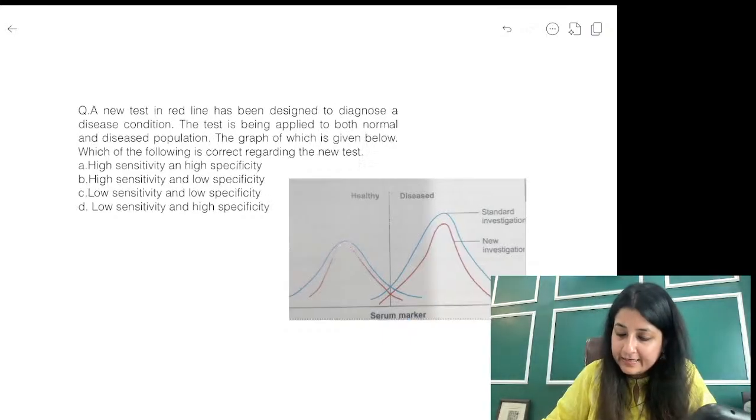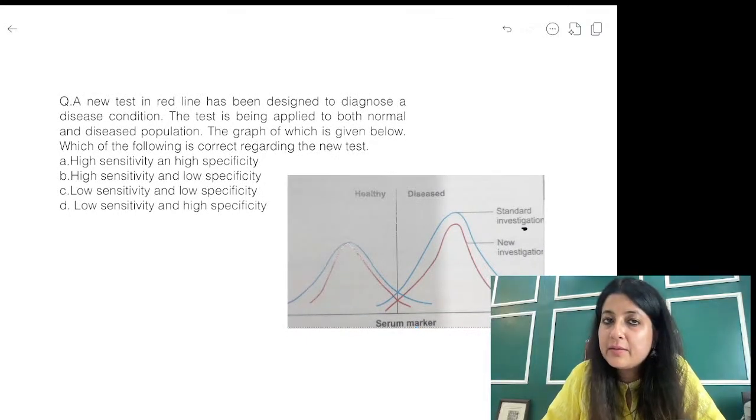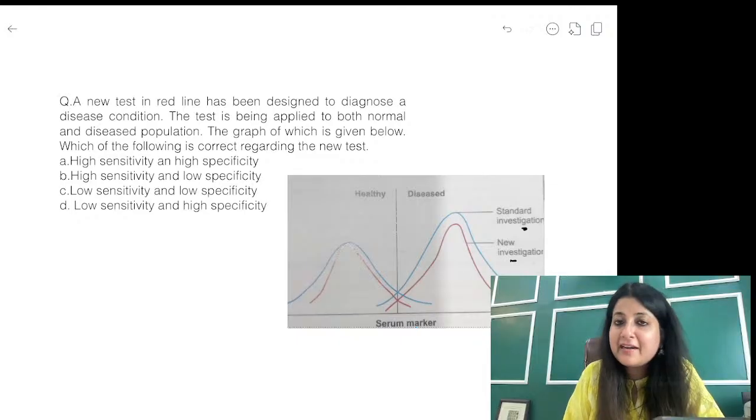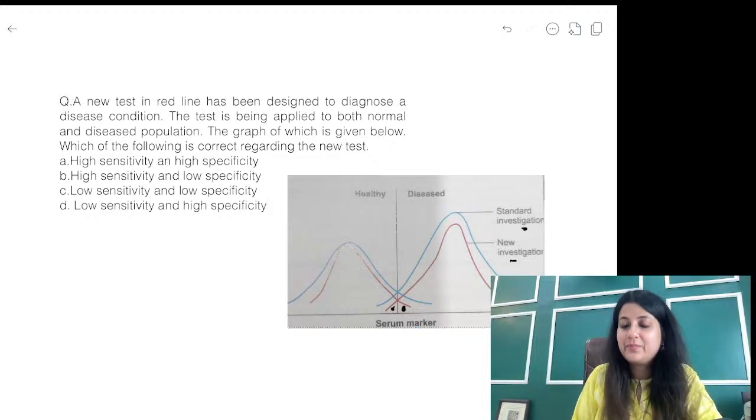So you had a standard investigation which is given by the blue color. Now you've applied a new investigation which is given by the red color. Look, when you apply the new investigation, you can very well see which areas have decreased: this one and this one.